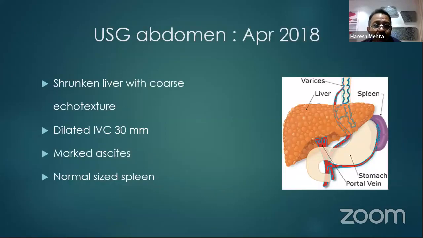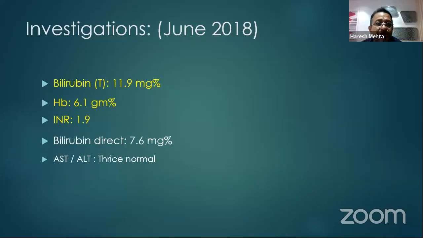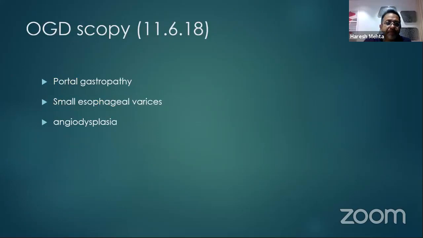The USG abdomen showed a shrunken liver with coarse echo texture, dilated IVC, marked ascites, normal sized spleen. Bilirubin at that time in Kuwait in June 2018 was 11.9, hemoglobin 6.1, INR 1.9, and AST, ALT were thrice normal. She had portal gastropathy on OGD scopy, small esophageal varices, angiodysplasia.